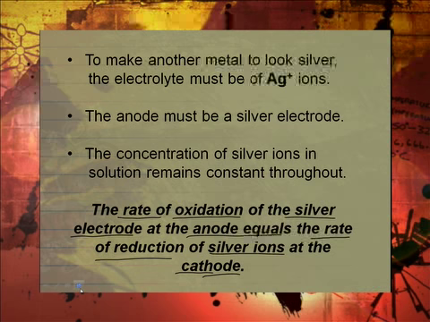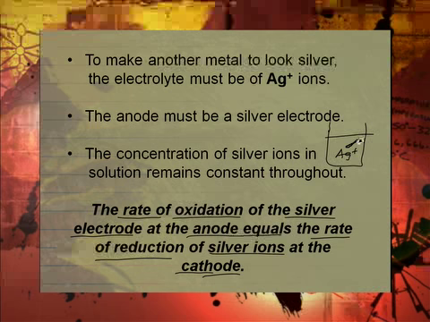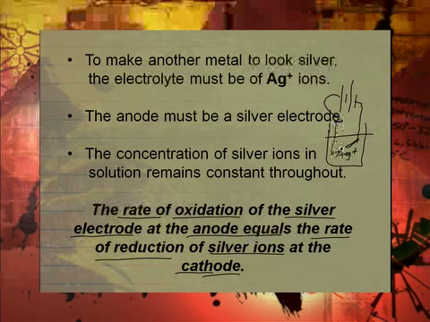Okay, so that is why the solution there, if you have got your solution of silver there, so Ag+. And then you've got your spoon there, which is your cathode, with your energy here. So here it must be negative, positive, negative, positive. This electrode here is an electrode of silver. This is silver metal, a piece of silver.